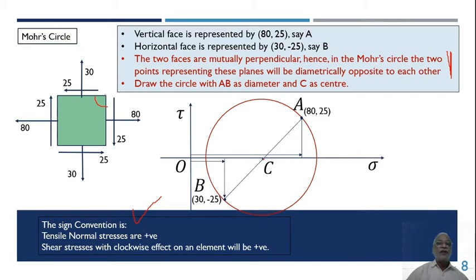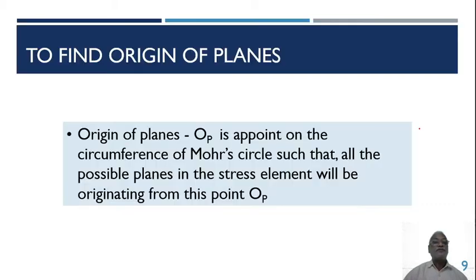And then when you have a diameter, this will be center of the circle, because we have already seen that the Mohr circle is symmetrical about sigma axis or normal stress axis. Because of that, the circle can be drawn.